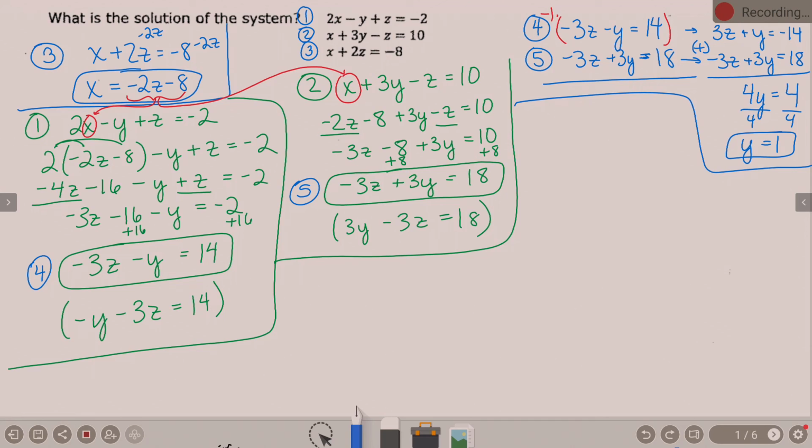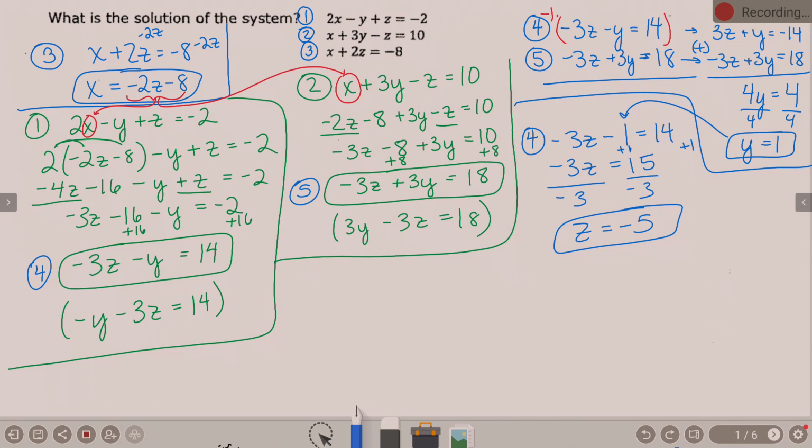You can plug in. So if I use 4, negative 3z minus y, which is 1, equals 14. Negative 3z, you have to add 1. Negative 3z equals 15. What do we do? Divide by negative 3, and z is negative 5.